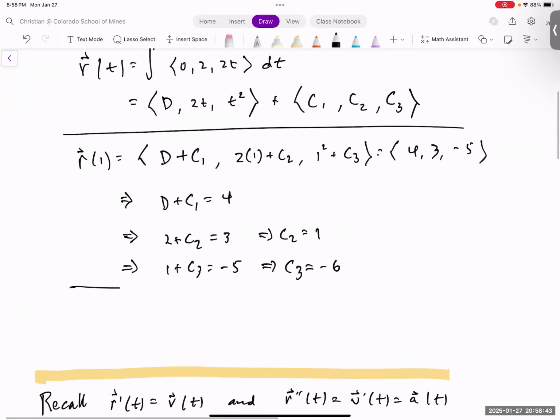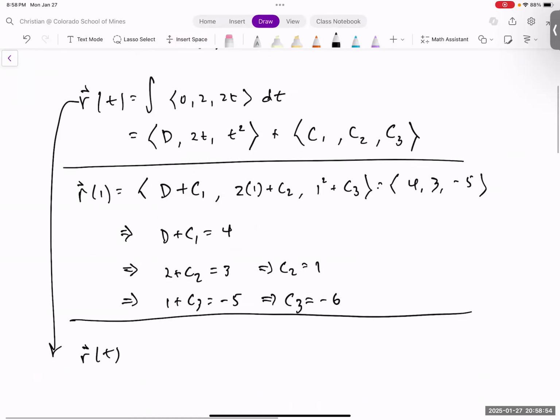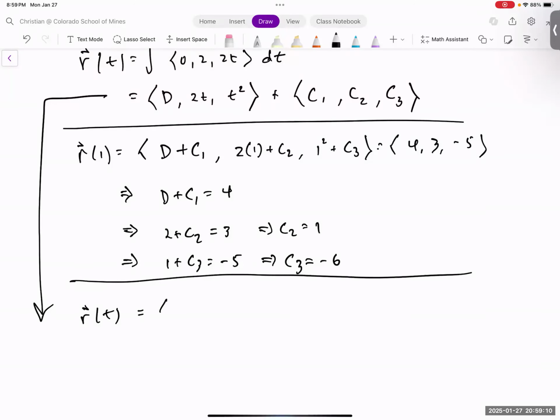And then if we rewrite our r of t from above, well, I guess not all of it, but this part. We would get d plus c1, then 2t plus c2.